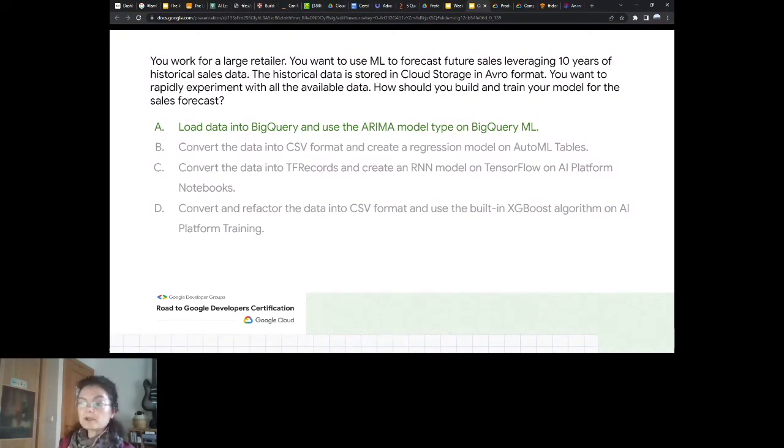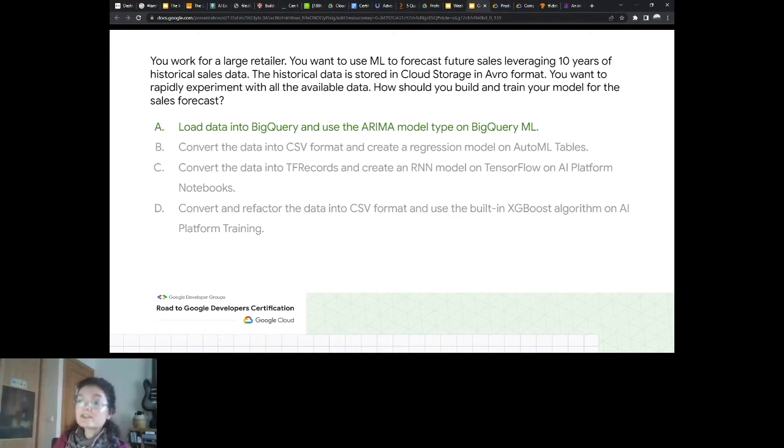And the third one, the one where you got trapped, says it converts into TensorFlow records, and that transformation I can buy. But in the end, you are creating a neural network model, which is more complex to build than selecting an automatic ARIMA model from BigQuery ML.